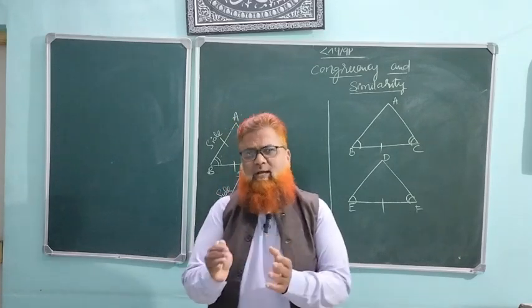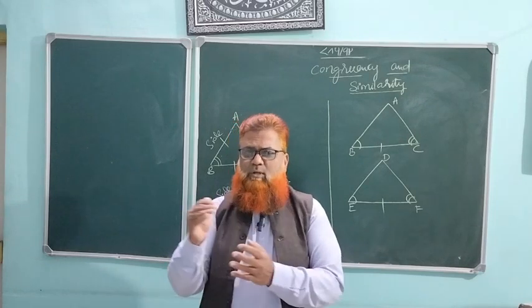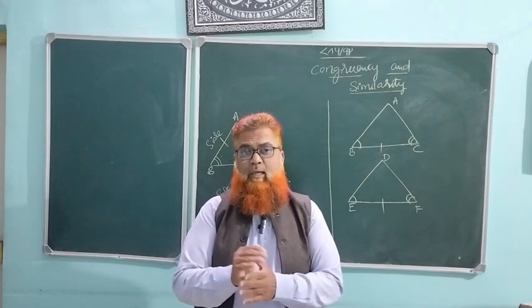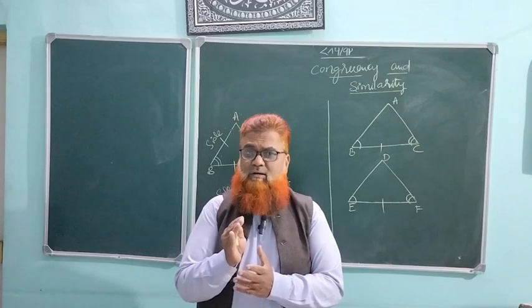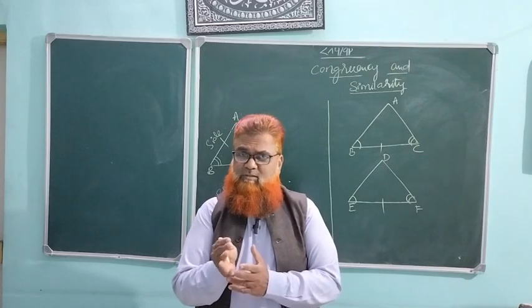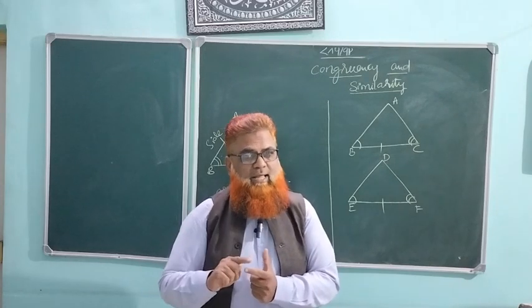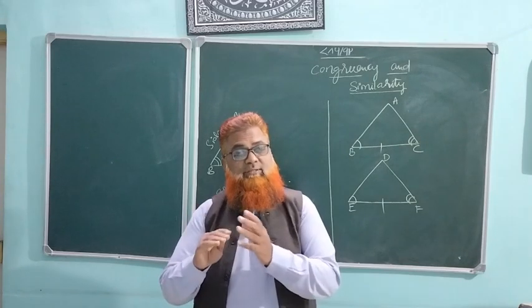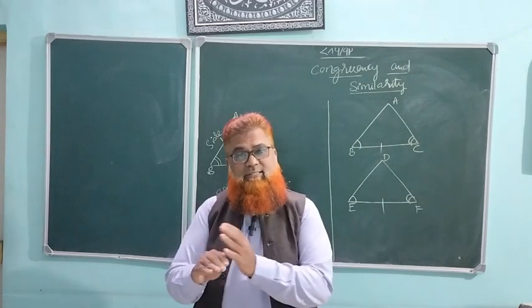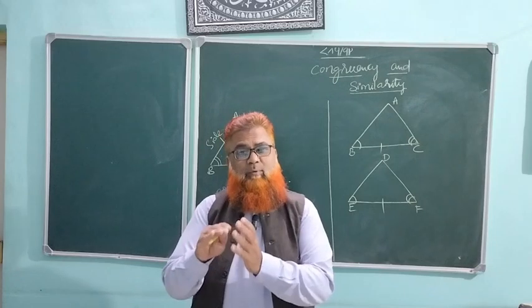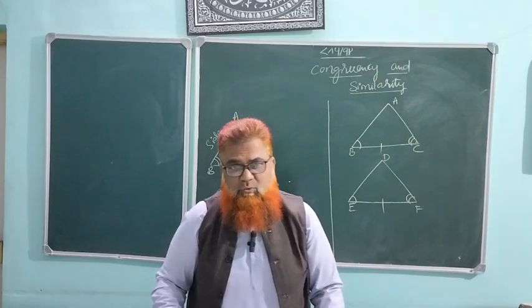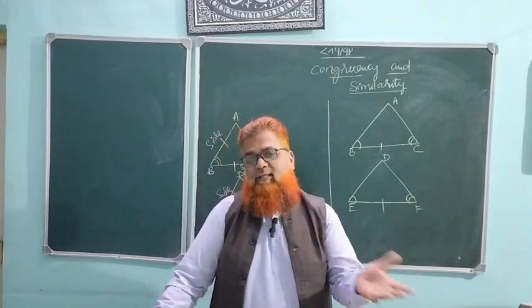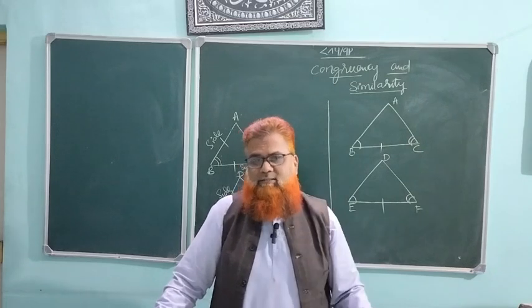If two triangles have the same corresponding angles, but their sides are not the same, but their corresponding sides are proportional, in an equal proportion or the same ratio, then we say that they are similar triangles.